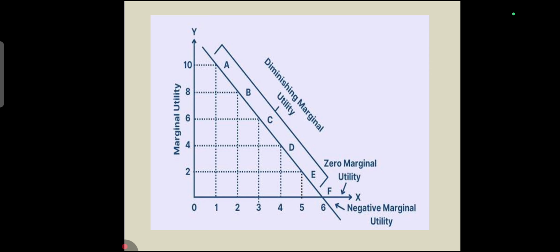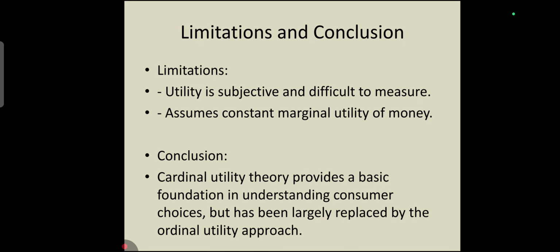We wouldn't want to consume that commodity ever in the near future. So diminishing marginal utility is simply a downward sloping curve that depicts a decrease in the utility that you are deriving, a zero marginal utility, and a negative marginal utility.